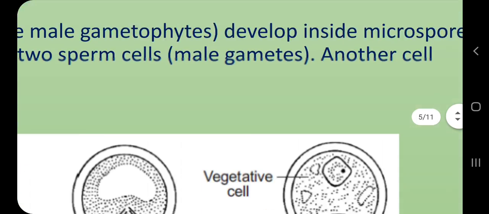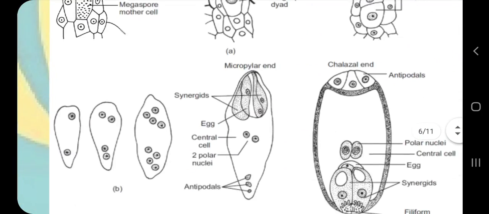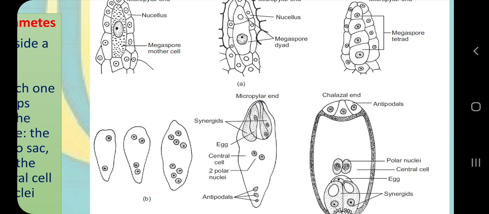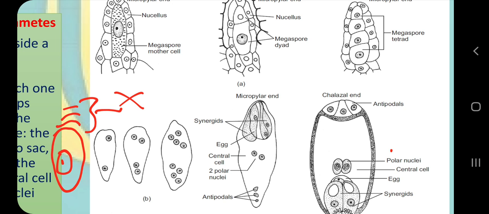Now if I go again to this diagram, I am drawing this cell for you here, the 1 cell, 2 cell, 3 cell and 4 cell. If 3 cells are less in size and 1 cell is big, I am showing here that these 3 cells are degenerating, destroyed, and 1 cell is surviving. This one surviving megaspore is haploid, because spores are always haploid, whether they are megaspores or microspores.